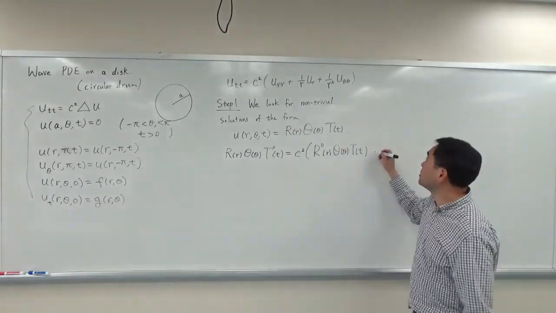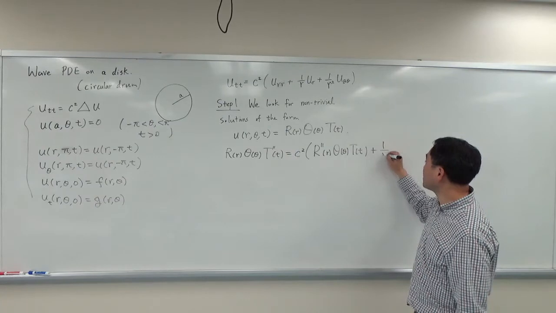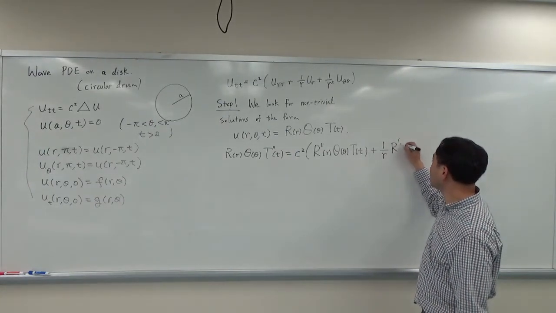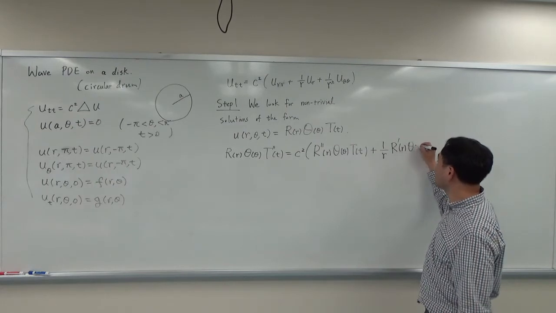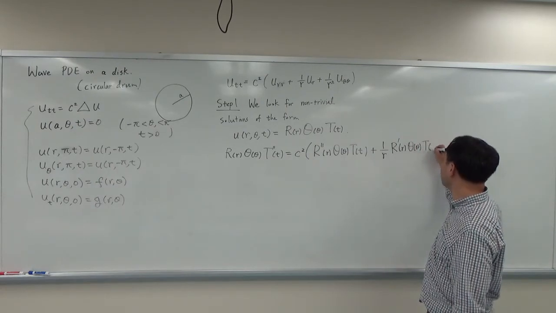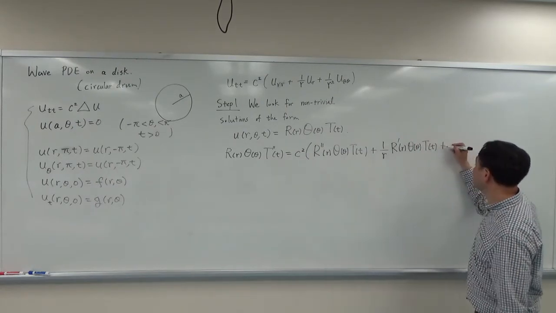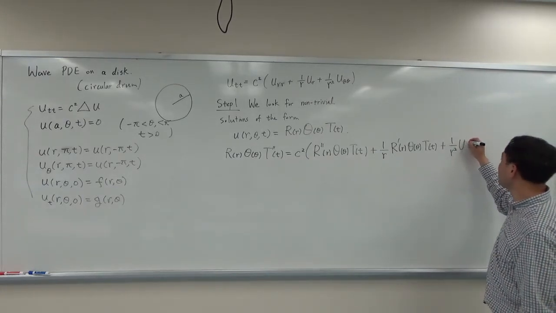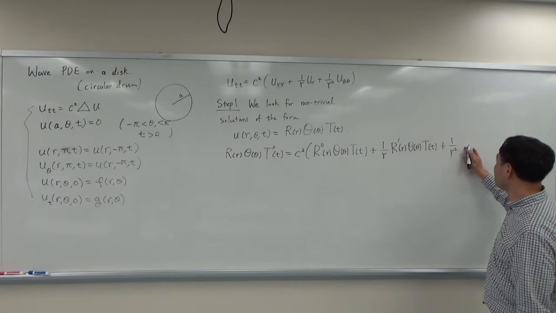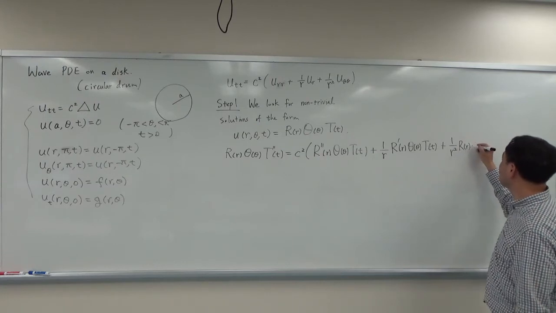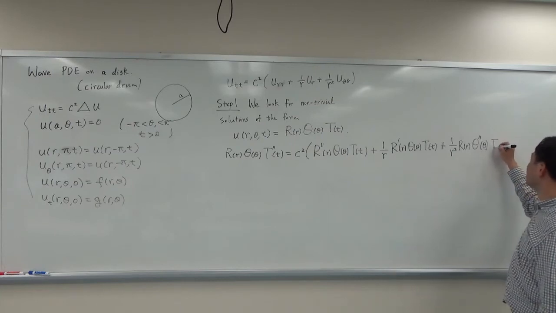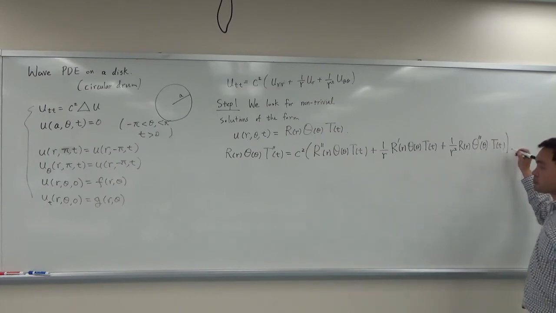And then plus 1 over r, R gets differentiated once, Theta of theta, T of t, plus 1 over r squared, and then you have R, Theta is differentiated twice, and then you have T of t.